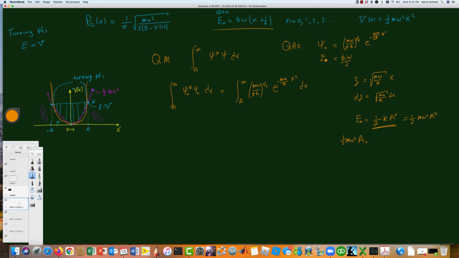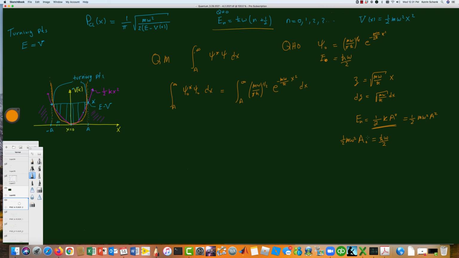Notice that if I draw this total energy line at different places on this graph, I will have different values of A. So 1/2 m omega squared A0 squared is equal to E0, which is h bar omega over 2.